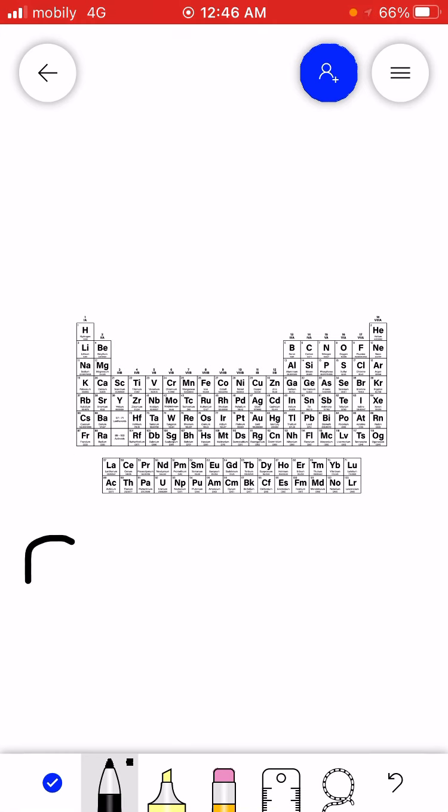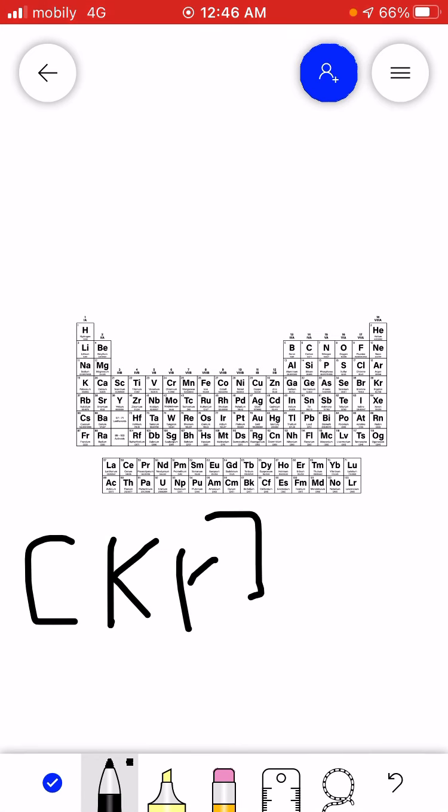Well, the condensed form of silver is basically krypton, because that's the noble gas that comes right before silver. And then we go straight ahead to 1, 2, 3, 4, and 5.